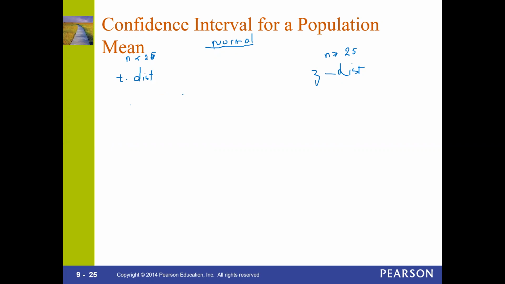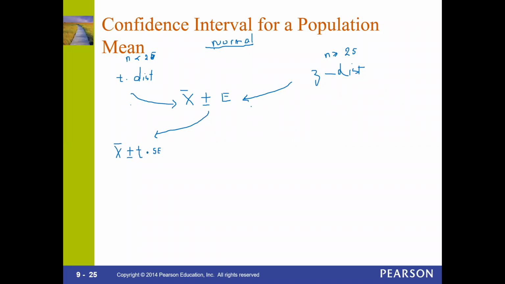We have X bar. If we're doing a confidence interval, for both cases it's going to be X bar plus or minus some margin of error. Where it diverges: if you're using the t-distribution, it becomes X bar plus or minus some t value times the standard error.